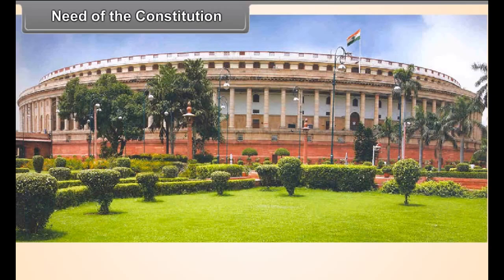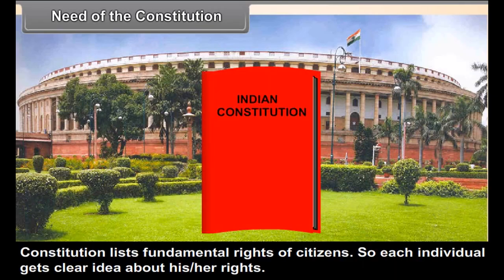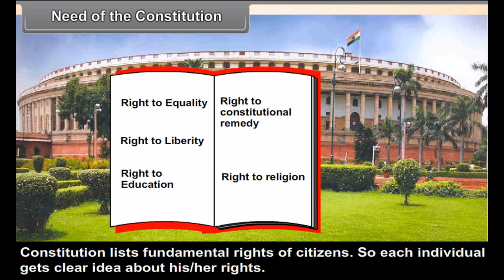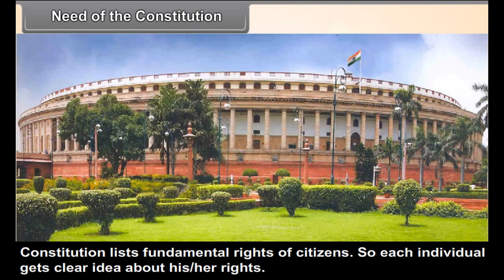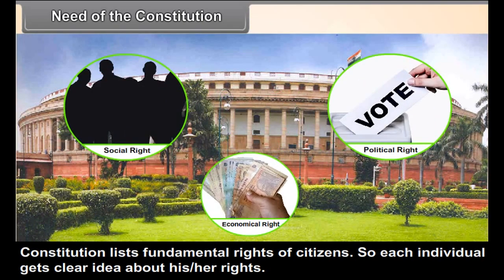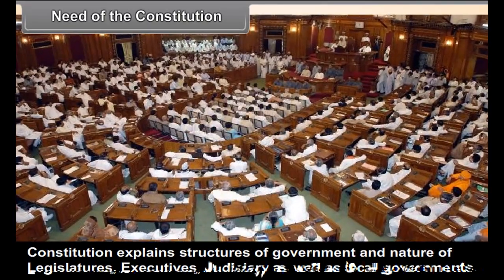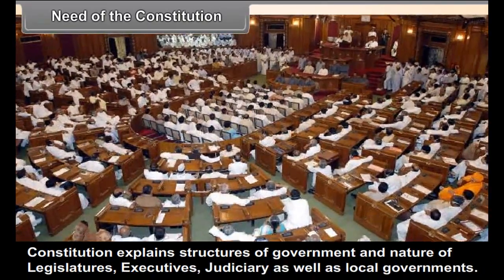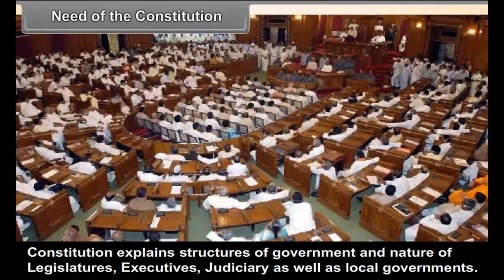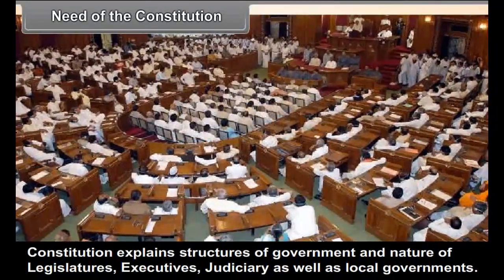B. Need of the Constitution. Constitution lists fundamental rights of citizens. So, each individual gets a clear idea about his or her rights. Constitution explains structures of government and nature of legislatures, executives, judiciary as well as local governments.